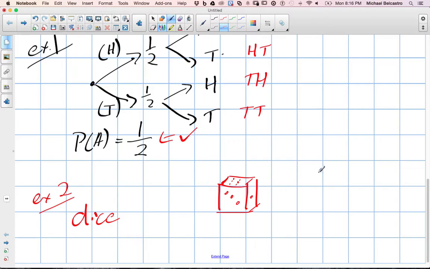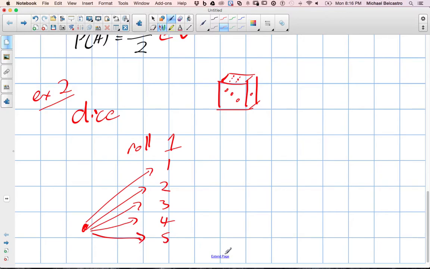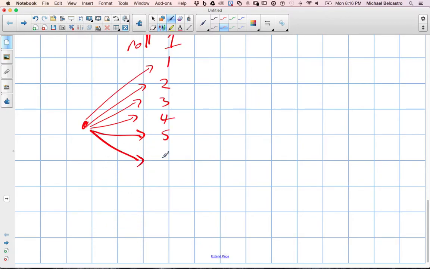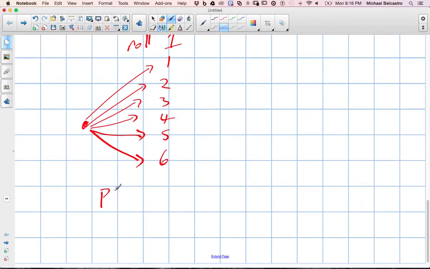So if we were to roll one time, you have the options of the number 1, 2, 3, 4, 5, and 6. Okay, so what's the total number of outcomes here for the probability of a dice? 6. That's right. So our total number of outcomes, the number 6 on the bottom, for one roll.